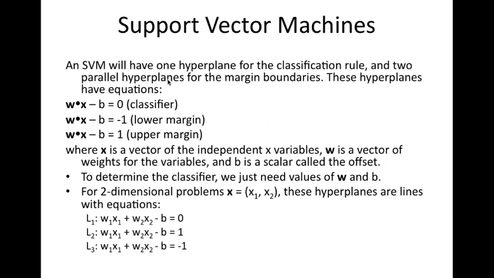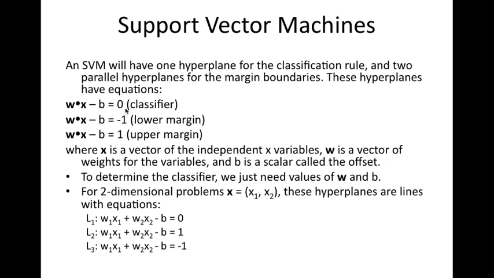So a support vector machine will consist of one hyperplane, that's the classifier, and then like we saw in that last slide, 2 other hyperplanes that are parallel to that for the lower and upper margin. These are the equations with vector w being a vector of weights, one for each x variable, basically like coefficients of the x variables, minus b.